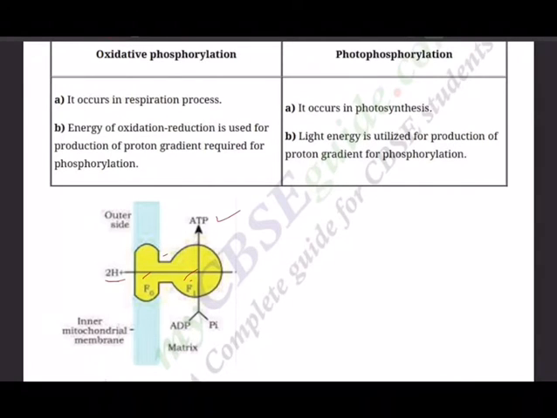This helps in pushing three pairs of protons to the outer chamber, while two pairs of protons are sent outwardly during electron flow from FADH2 to the ETC, as the latter donates its electrons further down in the electron transport chain.